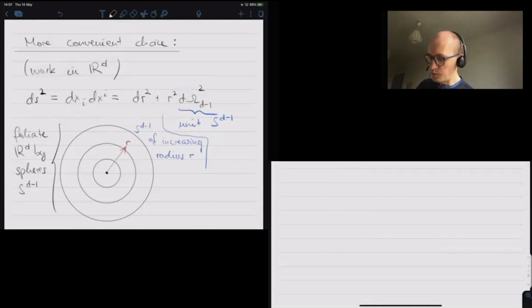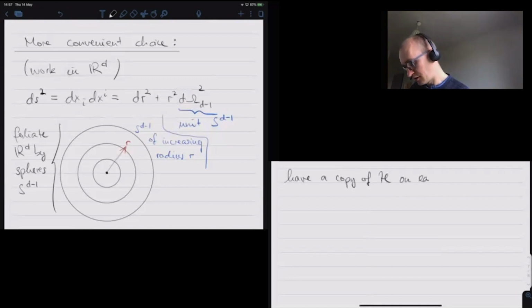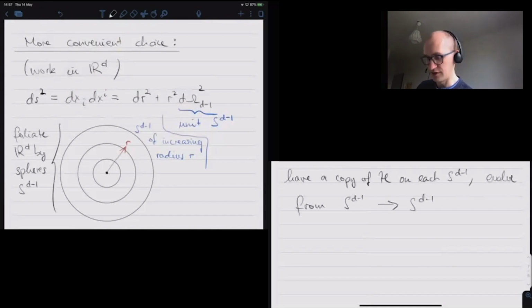But our goal is then to have a copy of the Hilbert space on each S^{D-1}, and to evolve from one S^{D-1} to another, let's say toward increasing R. And so the question is how do we do this?